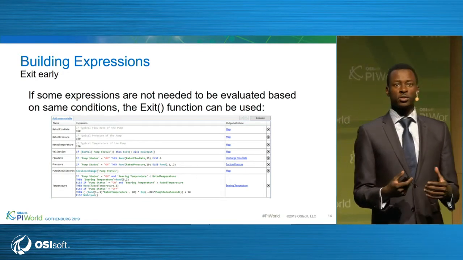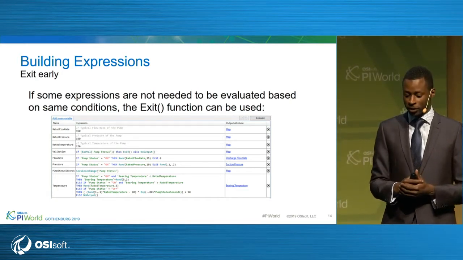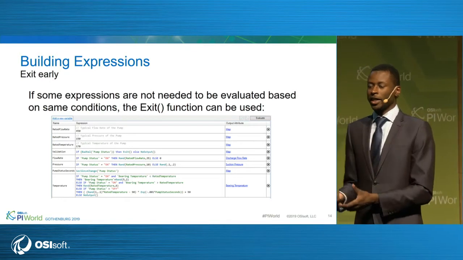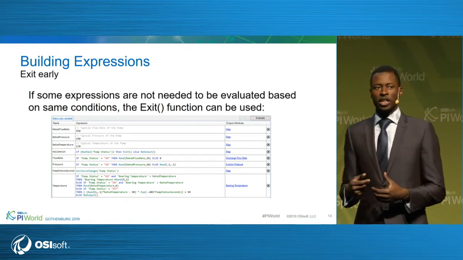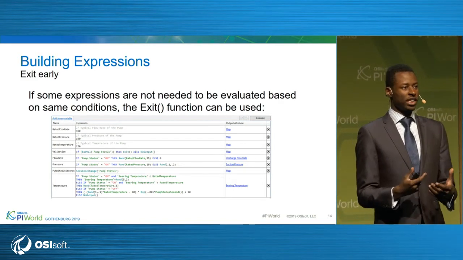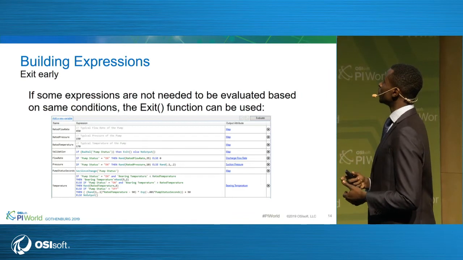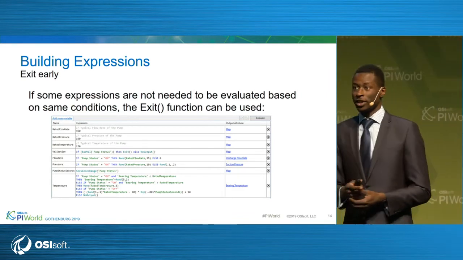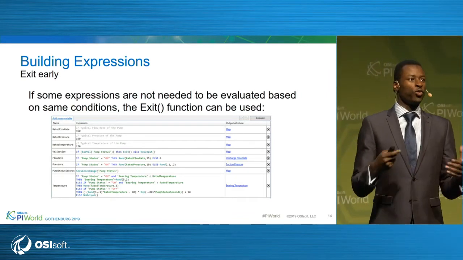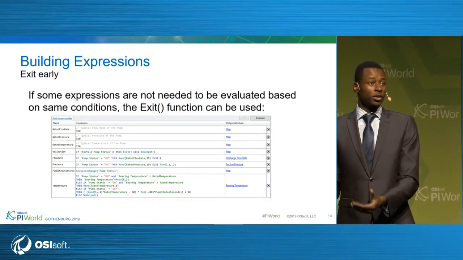If you're not using the latest release, think about upgrading, because you're allowed to use what is known as the exit function. If you're looking to do some kind of data validation, testing data before you use it in your analytic, such as using the BadVal function, you are able to exit the calculation prematurely before it has to perform subsequent expressions if it's not necessary.